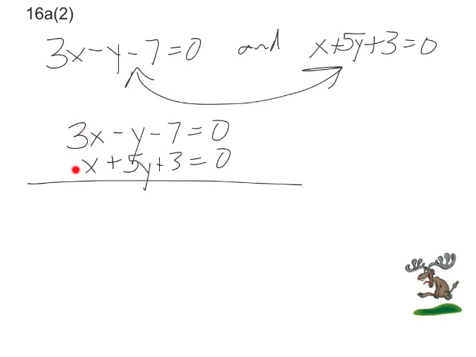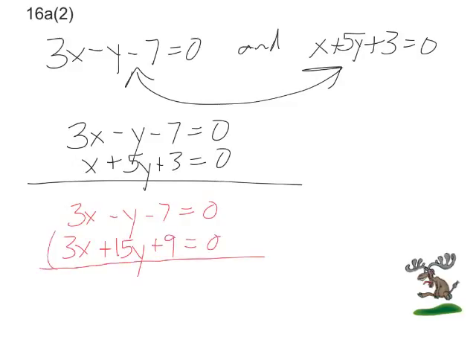So either I need to multiply the bottom one by 3, or I need to multiply the top one by 5. So I'm going to multiply the bottom one by 3 and rewrite the equation. 3x plus 15y plus 9 is equal to 0.